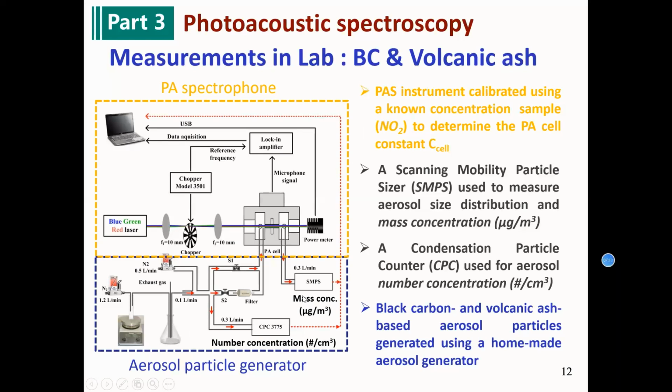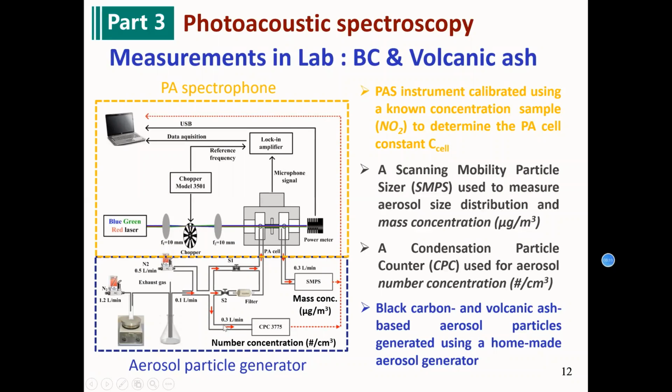And the bottom of this figure shows a homemade aerosol particle generator. All particles were put in the test tube, and we use a magnetic stirrer to raise up the particles, and a nitrogen flow as carrier gas will send all particles into a buffer volume, and the particle channel will divide into two channels.